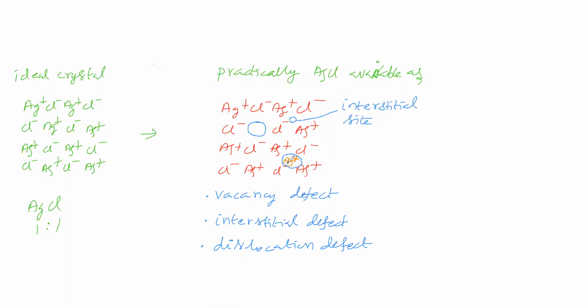So Ag+ came to the interstitial site, which means how should the size of Ag+ be when compared to the size of Cl-, such that it came to the interstitial site?